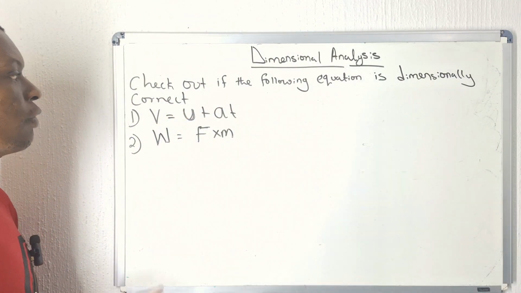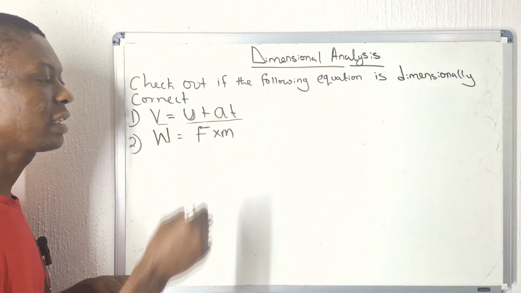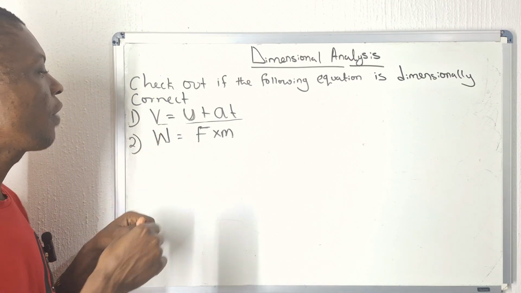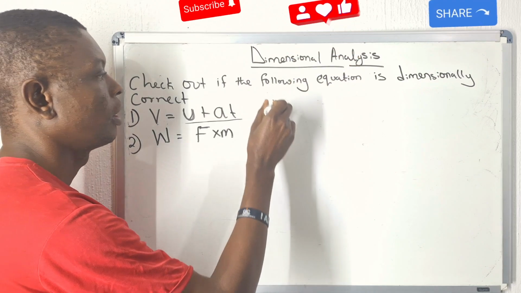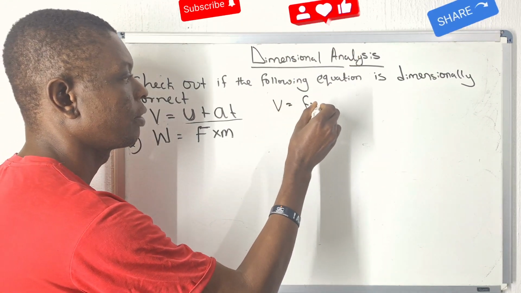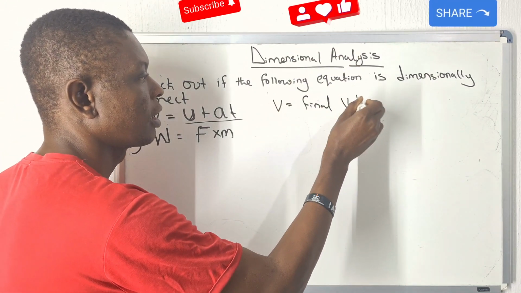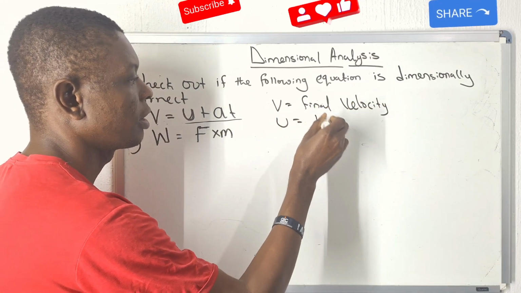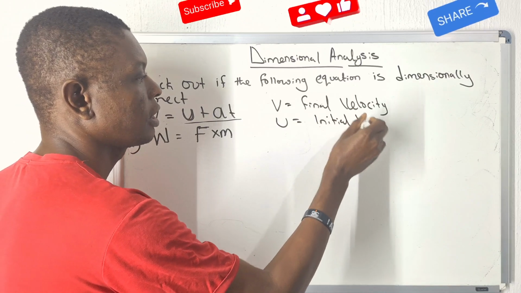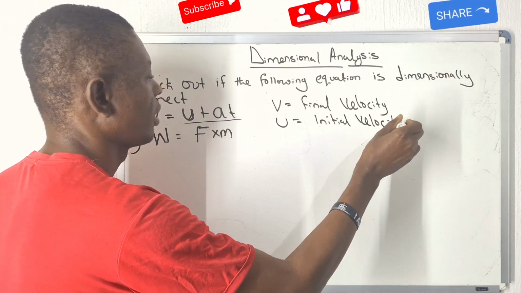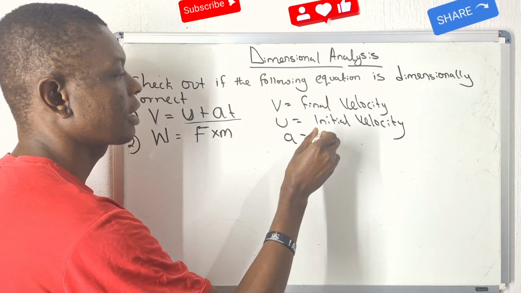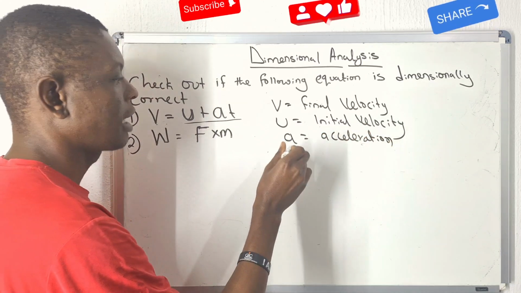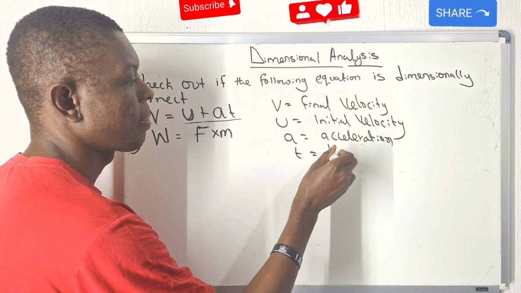This is an equation for velocity, it has to do with motion, where V is the final velocity, U is the initial velocity, A is acceleration, and T is time.